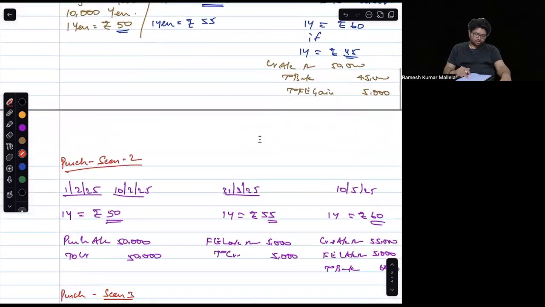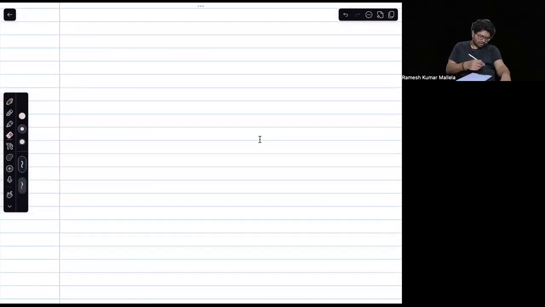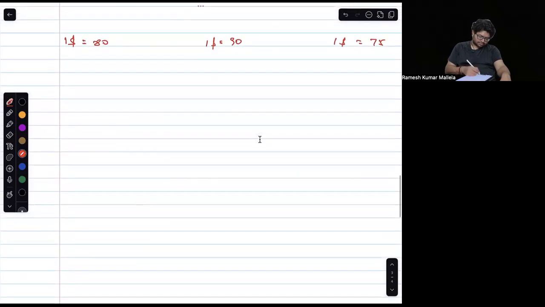Now we will go to the third segment called forward contracts, forward currency contracts.